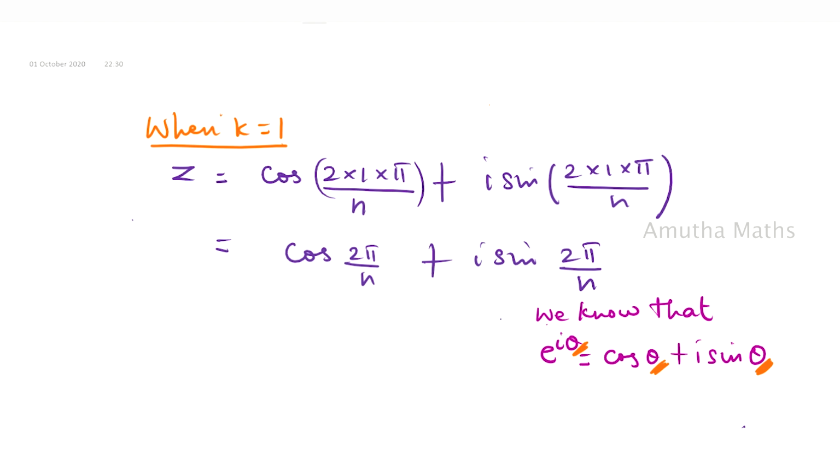So we write cos theta, and the same theta comes in the sine. So here I can rewrite this as e power i into 2 pi by n. Here 2 pi by n, here 2 pi by n. So I can write cos 2 pi by n plus i sin 2 pi by n as e power i into 2 pi by n.